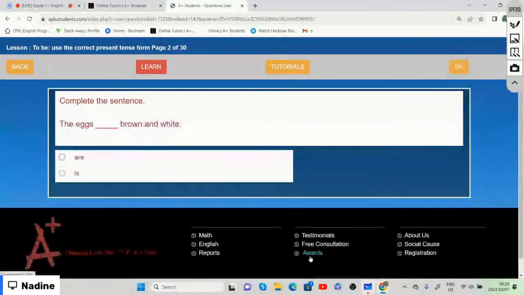The eggs, do we say are brown and white? The eggs refers to more than one egg. Do we say the eggs are brown and white or is brown and white? We're referring to it as being more than one. So do we say are or do we say is?